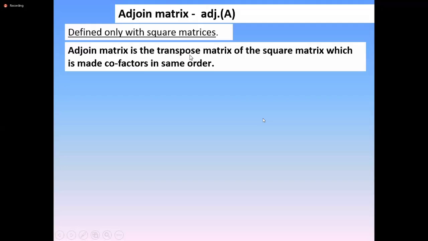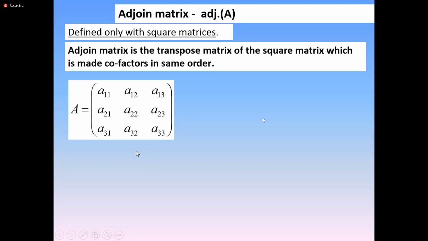Adjoint matrix is the transpose matrix of the square matrix, which is made by cofactors in same order. It is another matrix, but it is made by cofactors of a given matrix. We have to do some transpose in order to get it.